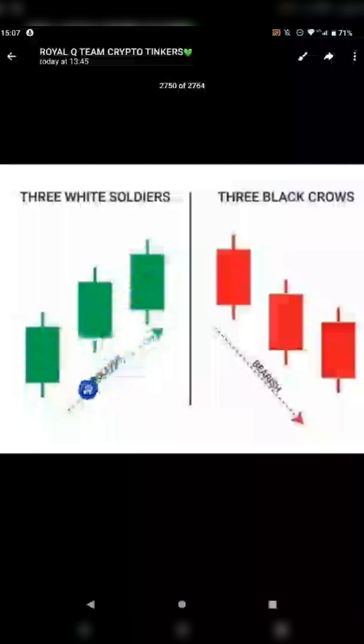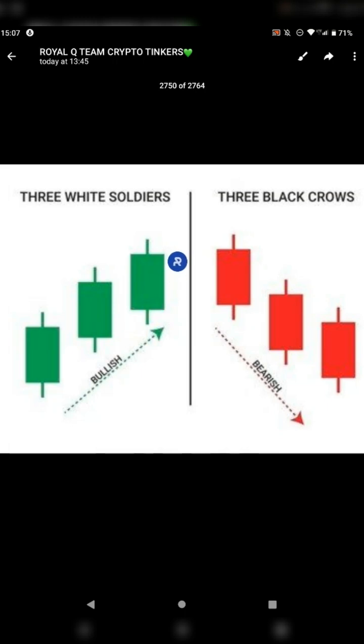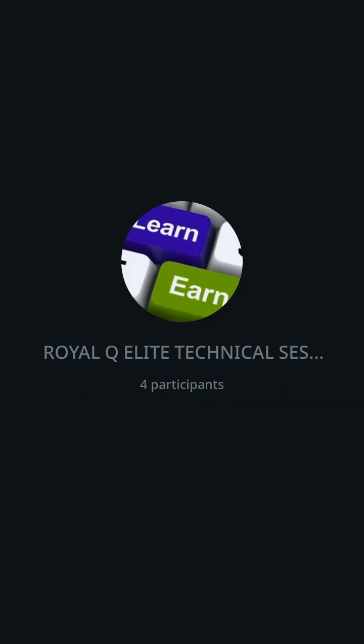This shows that there's going to be a bullish trend. The bullish momentum is going to happen. So it normally happens around the strong support zones. These candles are very powerful, indicating a bullish trend is imminent, and you can take entries. And then we have the black crows. This happens mostly on a resistance level on the chart.